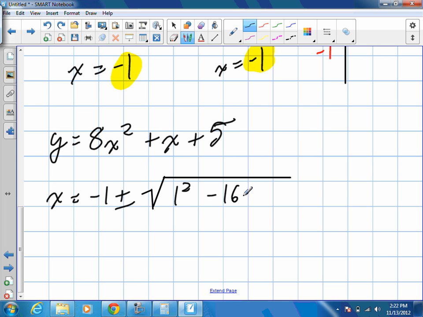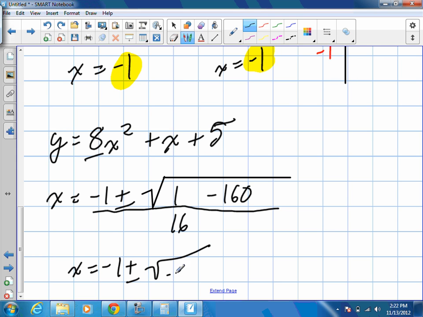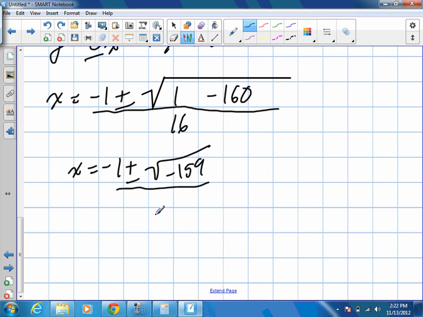Okay, and we know 1 squared is just going to be 1. All of that will be divided by 2 times 8, which gives us 16. Now, we're going to get x is equal to negative 1 plus or minus the square root of negative 159, divided by 16. We have to put that plus or minus.